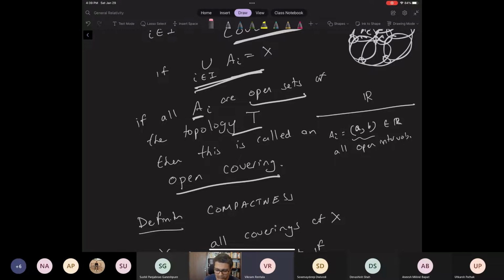But I could take a smaller subset of these A_i. Can you give me a smaller subset of this that covers the real line? Right now we have things like (1, 2), but it also includes things like (1.5, 3.5), which is obviously a redundancy if I'm trying to cover the real line with the minimum number of possible open sets.